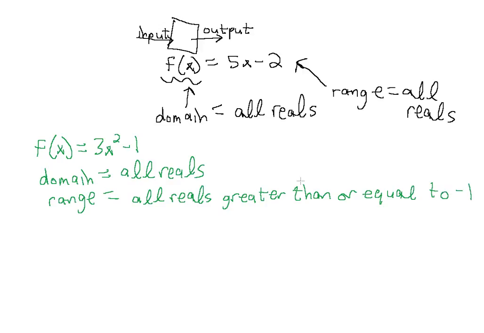That's the set of all possible numbers that this function can spit out. So it can input any real number, but it can only spit out a real number as long as it's greater than or equal to minus 1. It can never spit out something smaller than minus 1. And that makes sense because this x term is squared here, so we're always going to have a positive term right here on the left side of the expression.